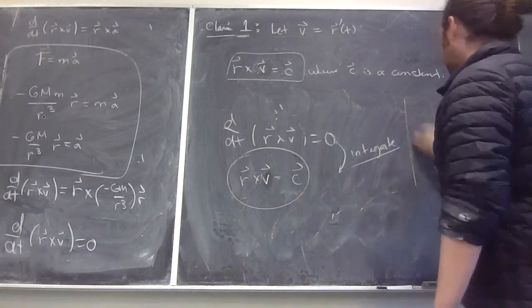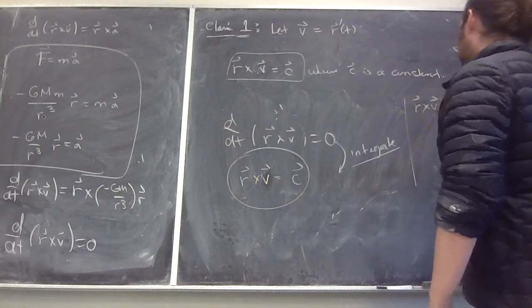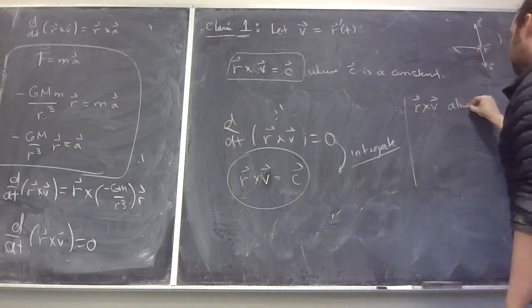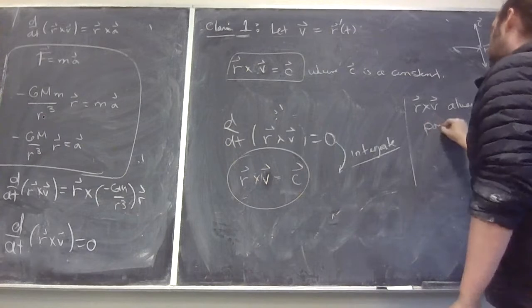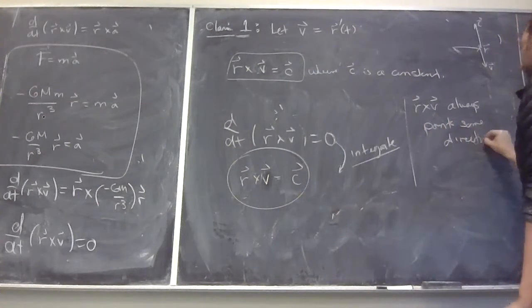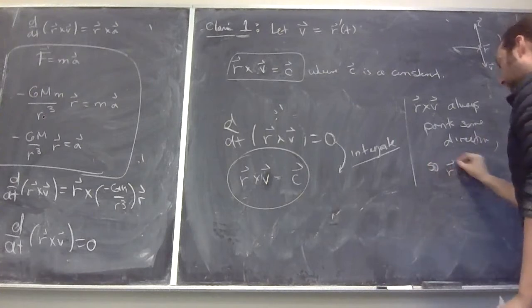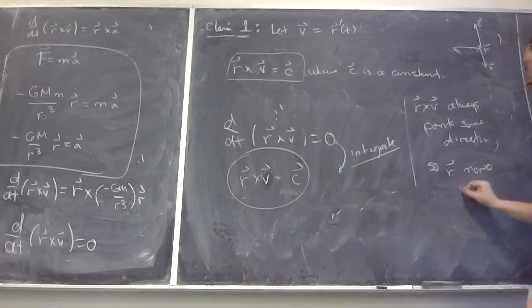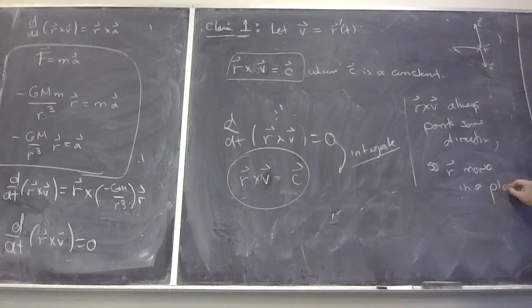So that means r cross v always points the same direction. And so r moves in a plane. All right, so we're one step towards proving that planets move in ellipses. At least we know they move in a flat way.